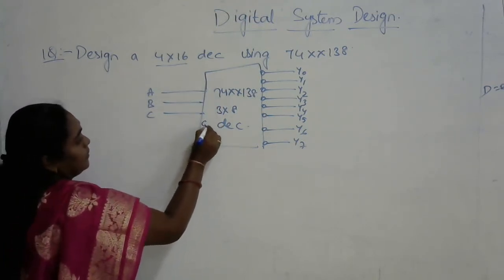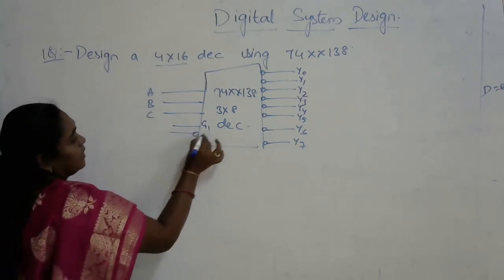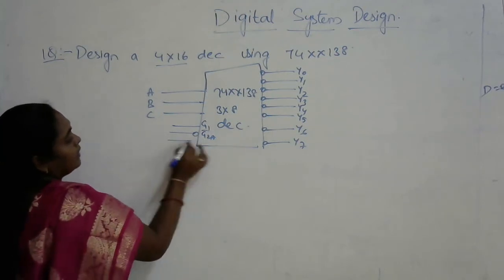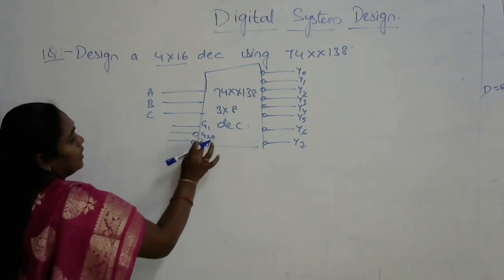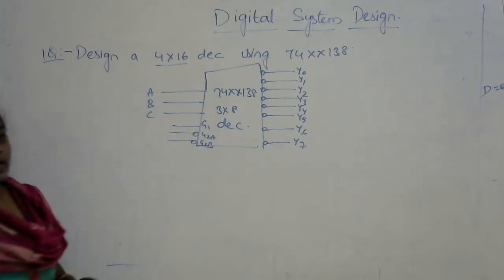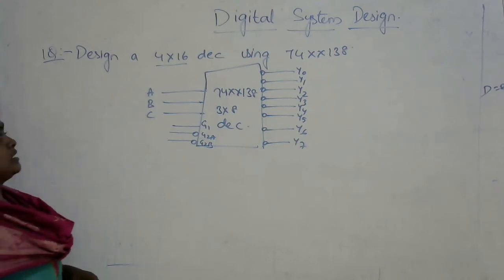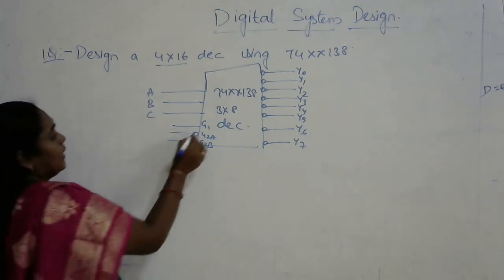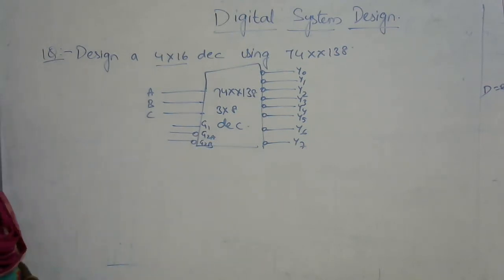One is G1, which is active high, the second is G2A bar, which is active low, and the third is also active low, G2B bar. So along with the 3 inputs we have 3 enable pins; among them, one is active high and the remaining 2 are active low.